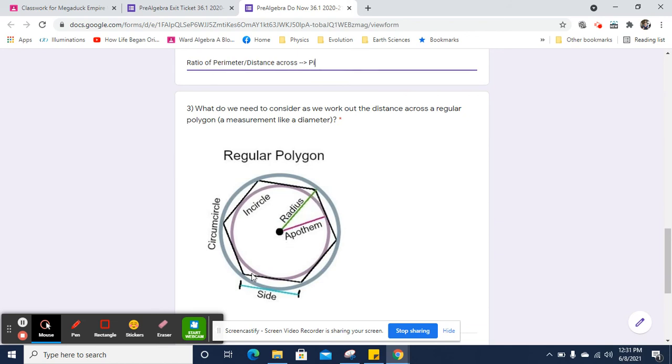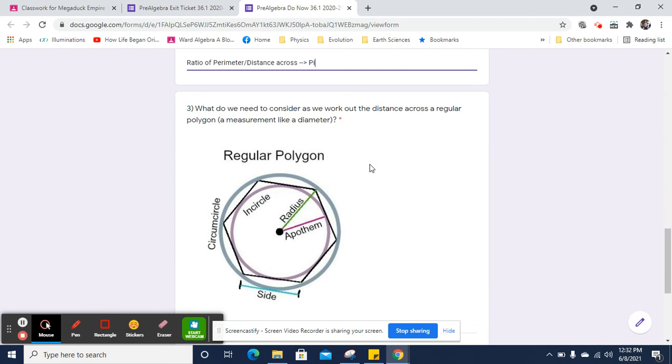Okay, so what we have to consider? Well, the long distance is double the radius, and there's a short distance that's double the apothem. And of course, you could combine radius and apothem and get sort of a middle ground, roughly speaking.